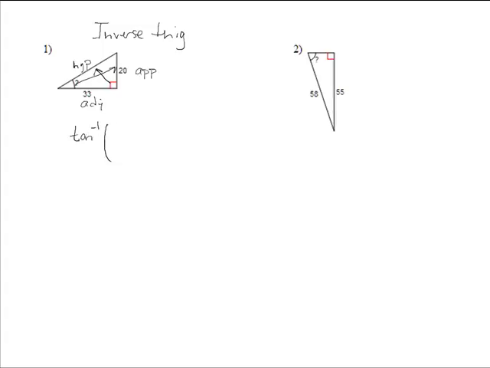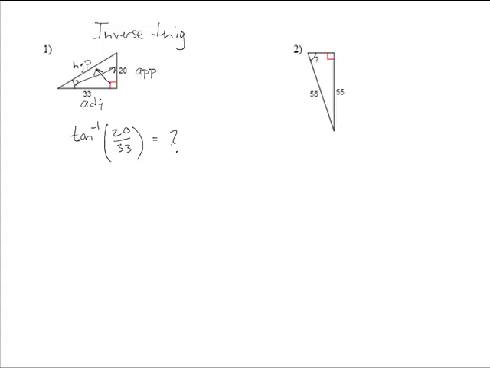Now remember that what goes into the inverse tangent, inverse sine, and inverse cosine functions is the ratio of two side lengths. In this case, since we're dealing with inverse tangent, we're looking for the ratio of the opposite side length to the adjacent side length. So that means we're going to do 20 over 33 here, and this is equal to the angle that we're looking for.